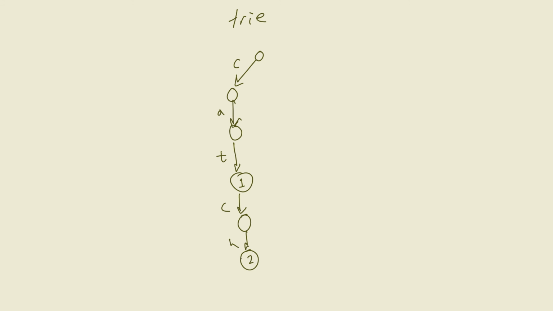You could share the common prefix, cat and catch. But in these representations, you can't share common suffixes or common strings in the middle or anything like that. Basically, this is giving you, for a graph, not just a string, a way to share interior parts of it. So, fanning in and fanning out.